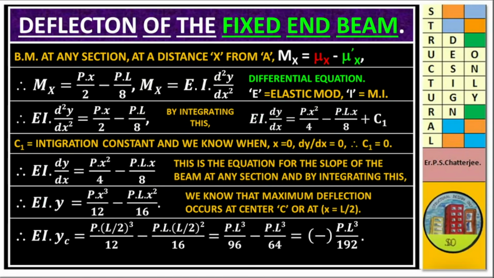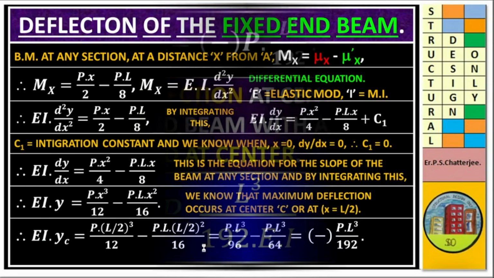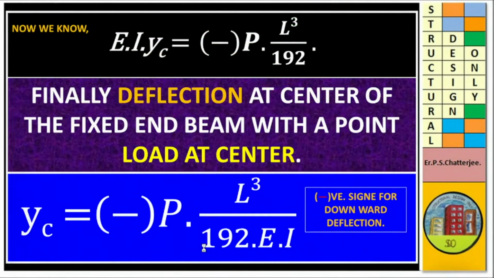So EIYC is equal to minus PL cube by 192. Finally, deflection at center of the fixed beam with a point load at center, YC is equal to minus P into L cube by 192 into EI. Negative sign for downward deflection.